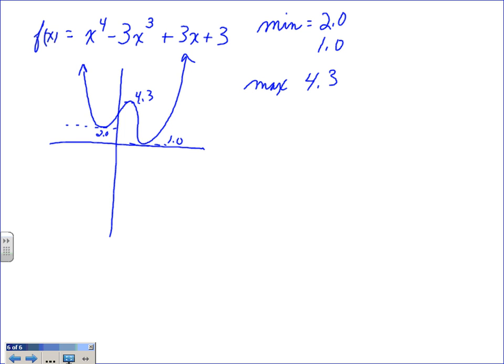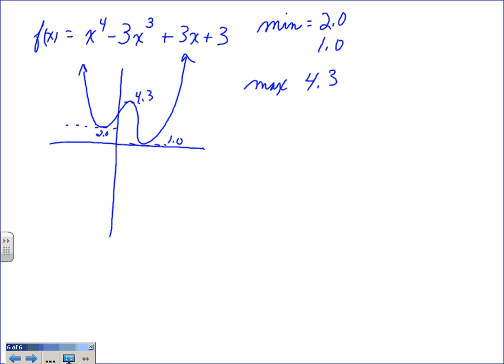Okay, so let's go back to our first local minimum here and look at the x value. The x value at the first local minimum is -0.4. And it's too bad we can't pick this up on the board, but when x is less than -0.4, this function is decreasing.